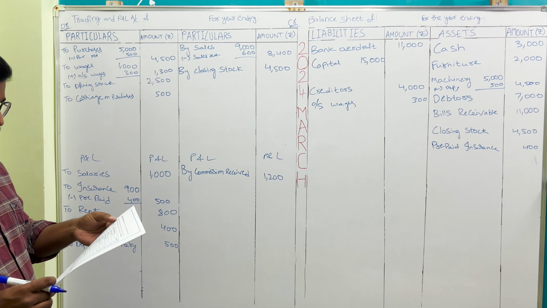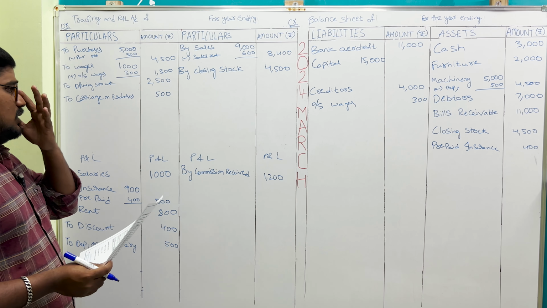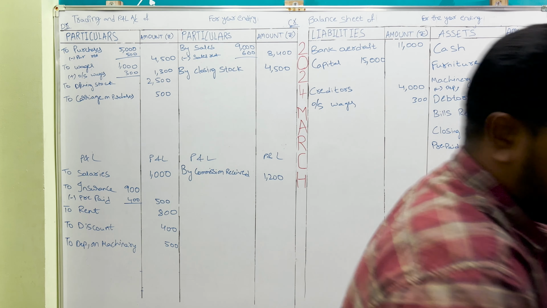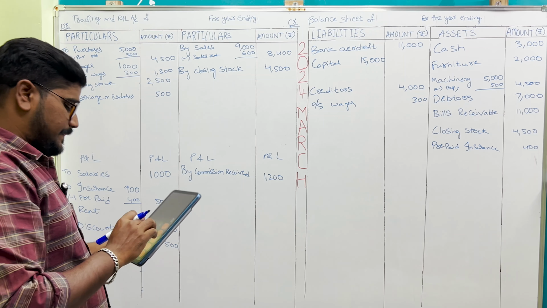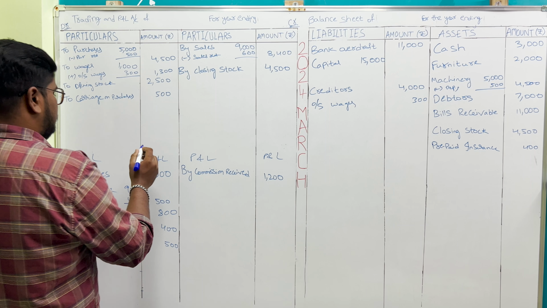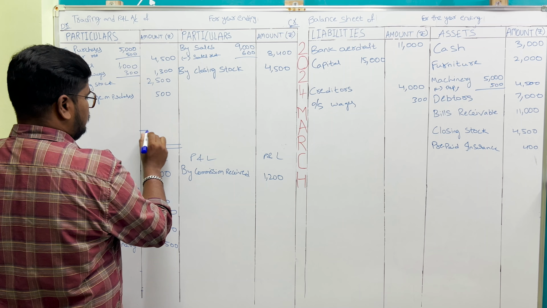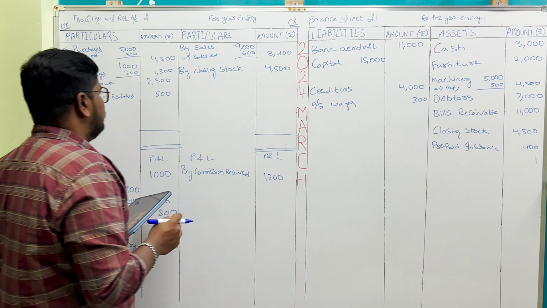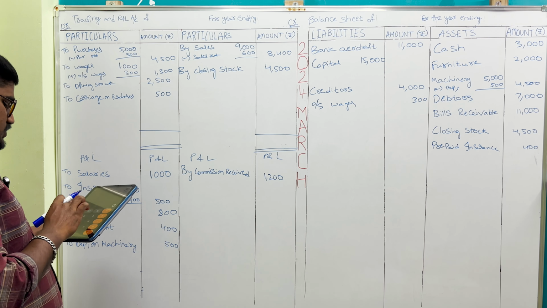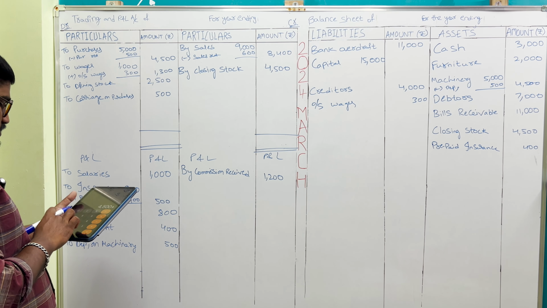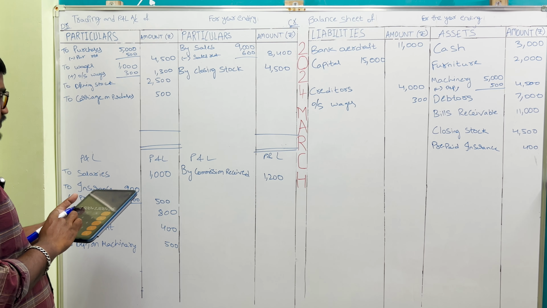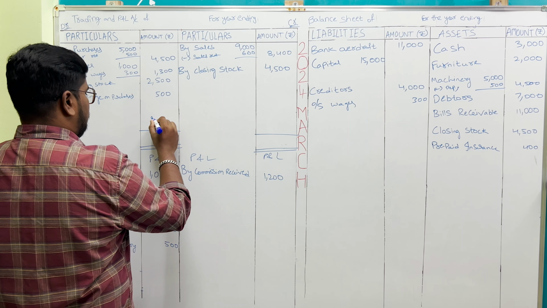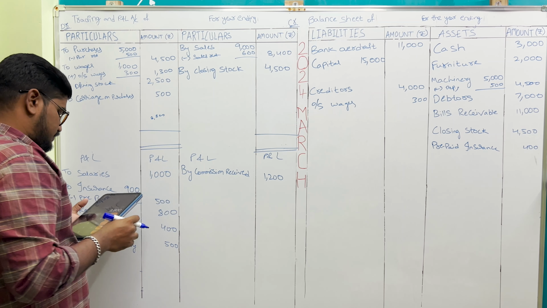I think we are done with all the entries. Now let's do balancing. Let me quickly take my calculator. Chalo, let's start. First, let's find out the balancing figure, and later on let's decide if it is a gross profit or gross loss. Let's do the debit total: 4,500, 1,300, 2,500, 500. That is 8,800. Chalo.